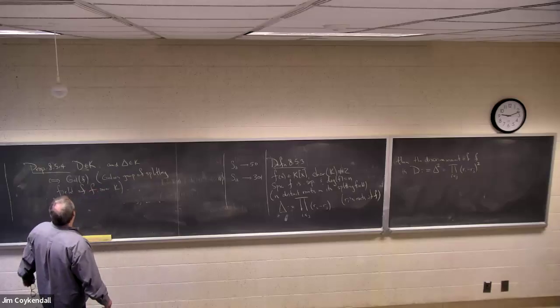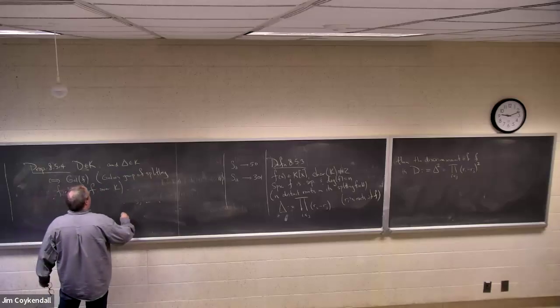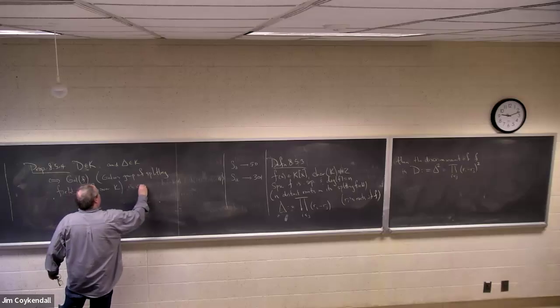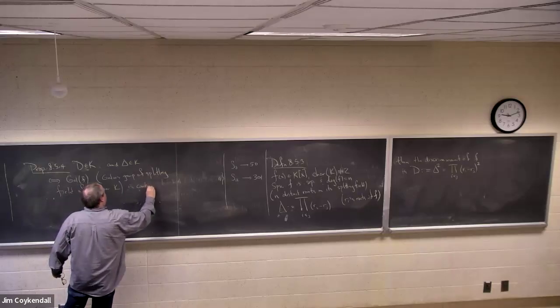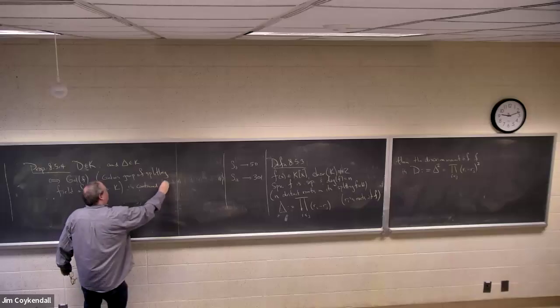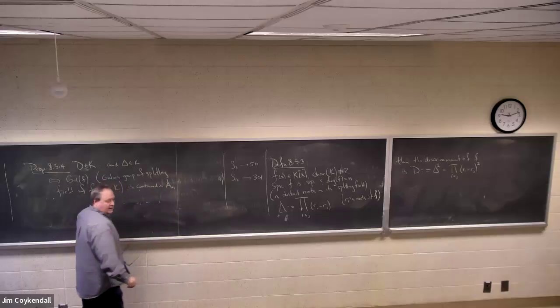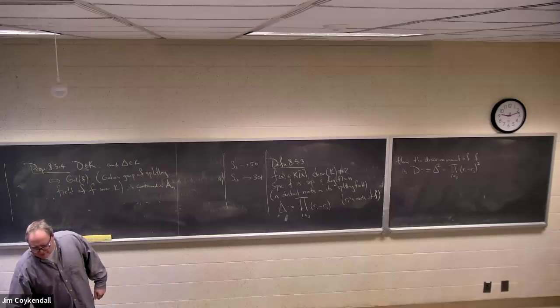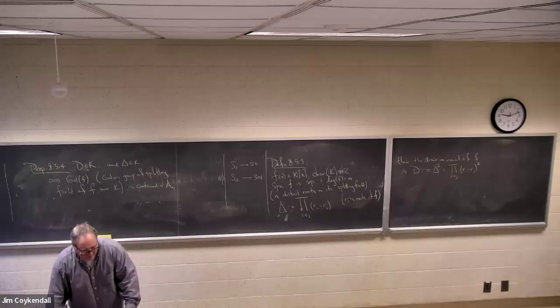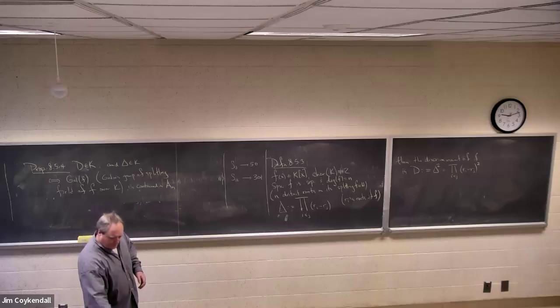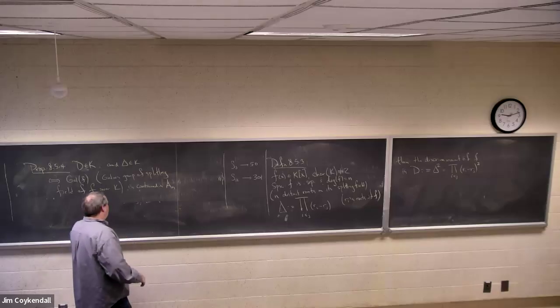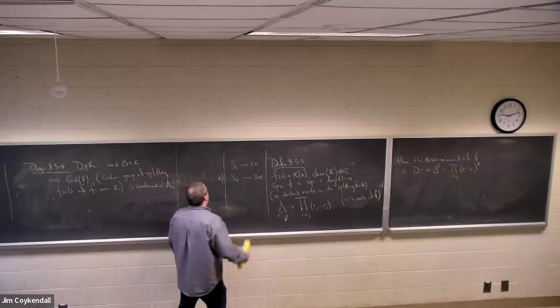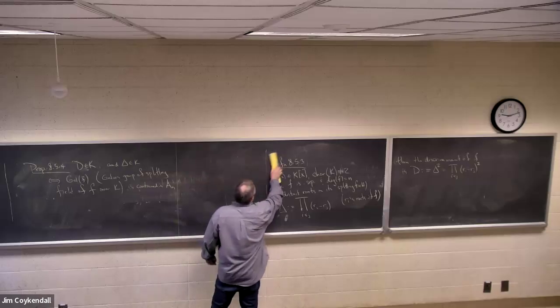If delta is in K, then the Galois group of f is contained in A_n. So this discriminant can be used as a tool to tell whether the Galois group is contained in A_n or not.